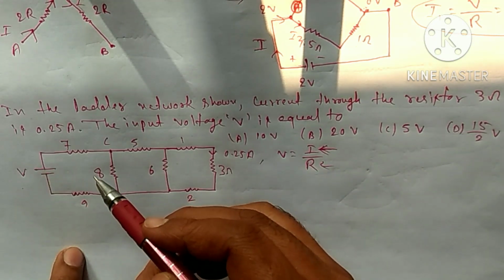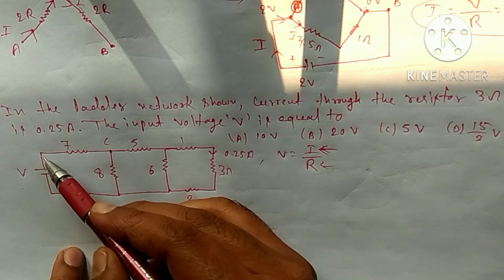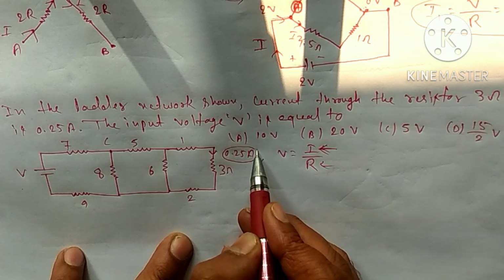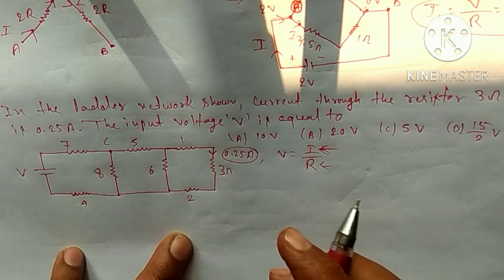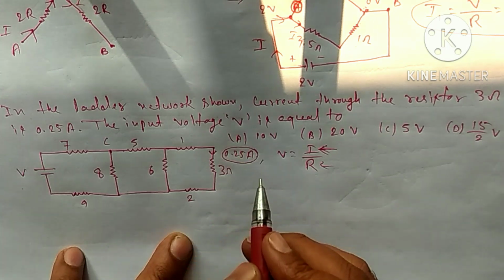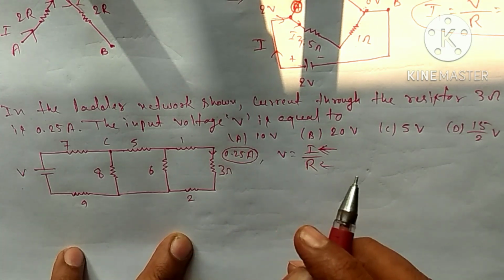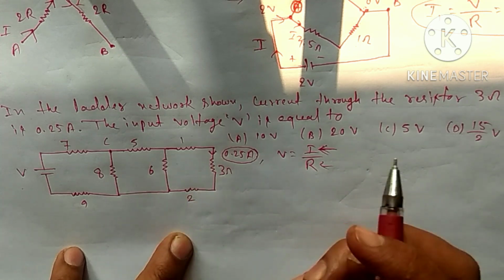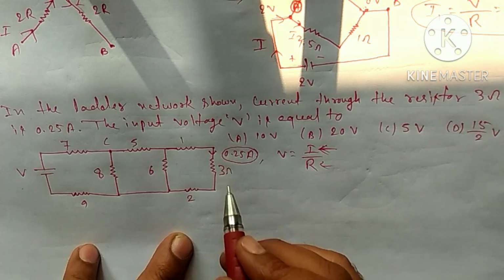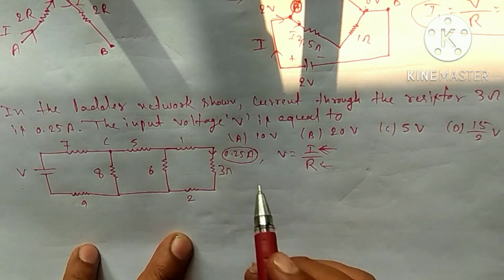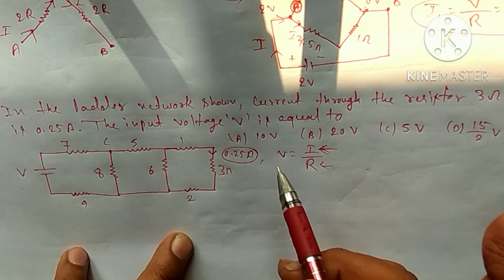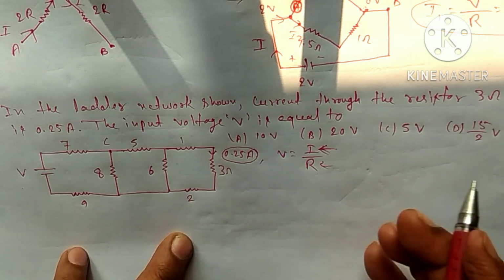The total current is not mentioned, but here it is given that 0.25 ampere of current passes through the 3 ohm. So by this data we can find the total current in the circuit. First we find the current passing through that, and in such a way we can also find the total resistance.